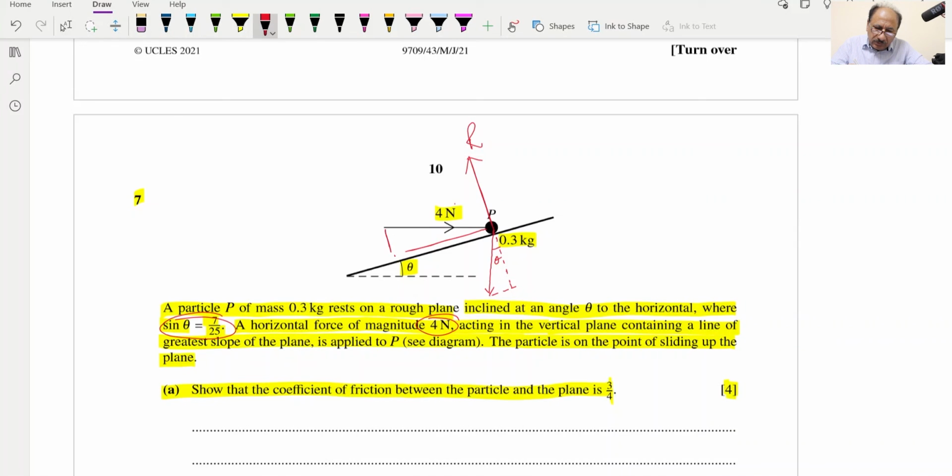We'll have to extend the line a little up to this one. Okay, this is done, and this angle is also theta.